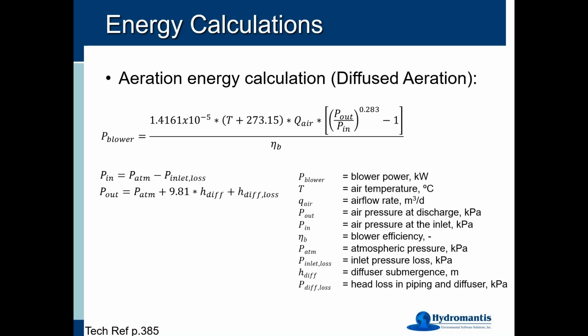So all of these items are going to be either estimated from other parts of the model, or we will ask you for that information on the menu. And so all of that information is collected up, and we perform this calculation to get an estimate of what's going on for a particular flow rate. So now we've got our power, and we can continue on the way that we did before.